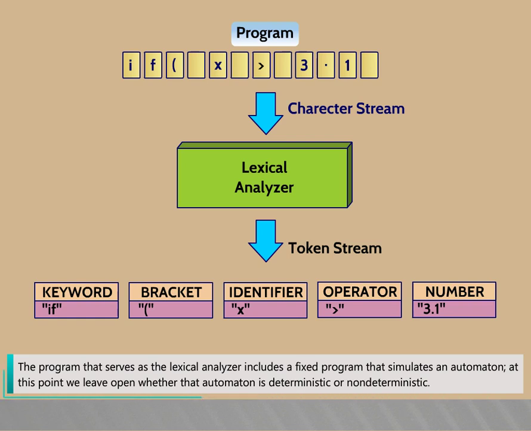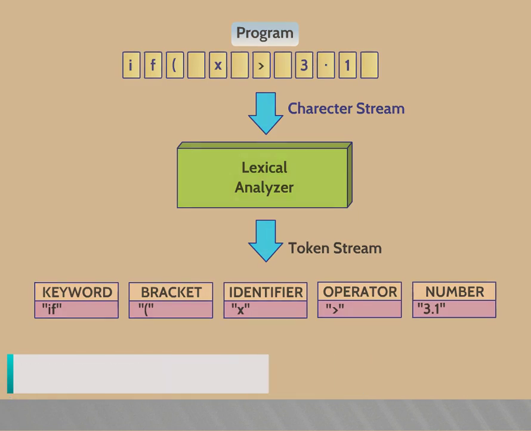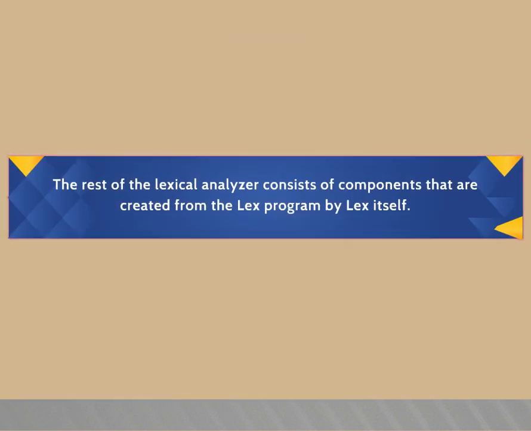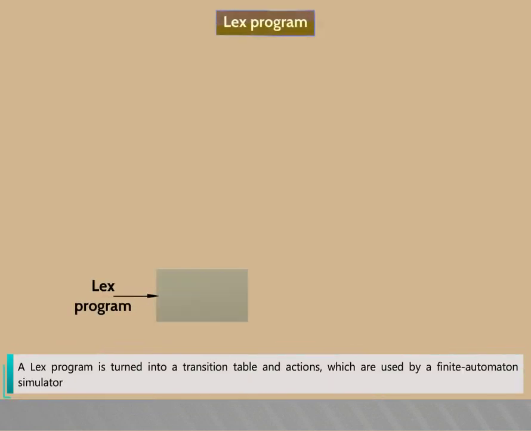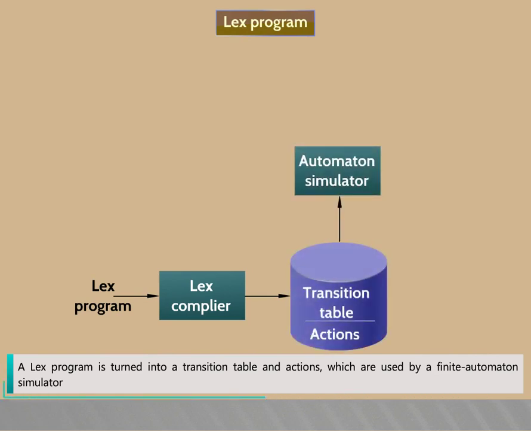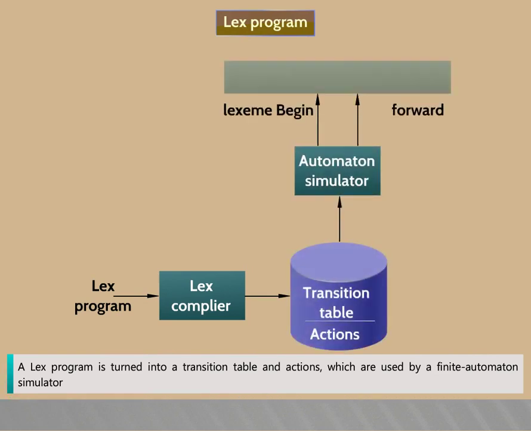At this point, we leave open whether that automaton is deterministic or non-deterministic. The rest of the lexical analyzer consists of components that are created from the Lex program by Lex itself. A Lex program is turned into a transition table and actions, which are used by a finite automaton simulator.